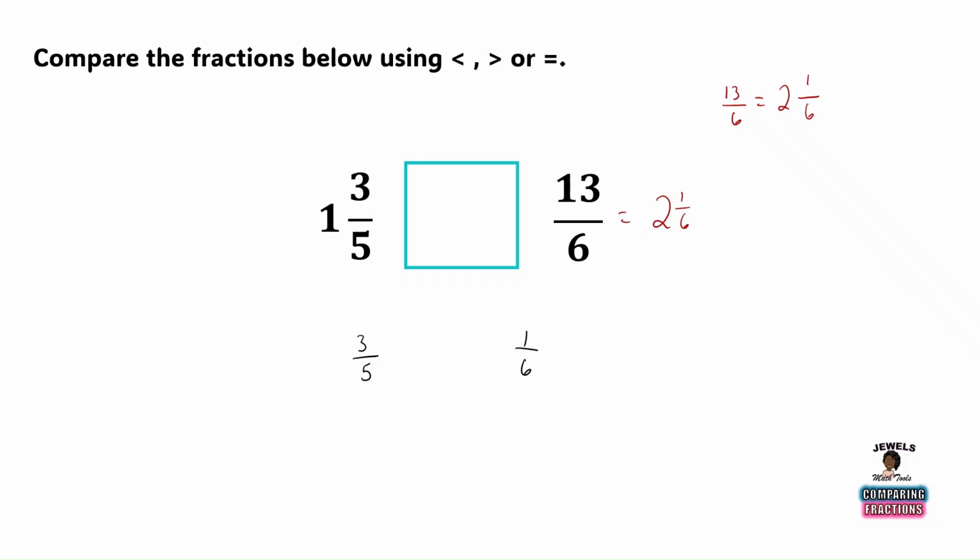I remember that with your mixed fraction, we are multiplying our 3 times 6. So 3 times 6 will equal 18. We're next going to multiply our 5 times 1, and 1 times 5 will equal 5.